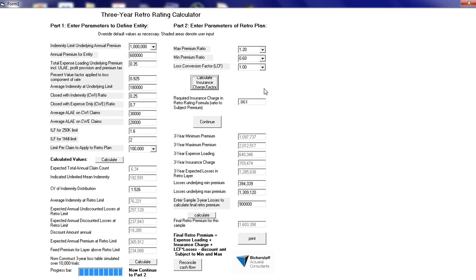So anyway, you could play with this. There's just an unlimited number of options available here. The size of the entity, the nature of the line of business you're dealing with, how much risk you want to take on a per claim basis, and how much risk you want to take on a maximum and a minimum.